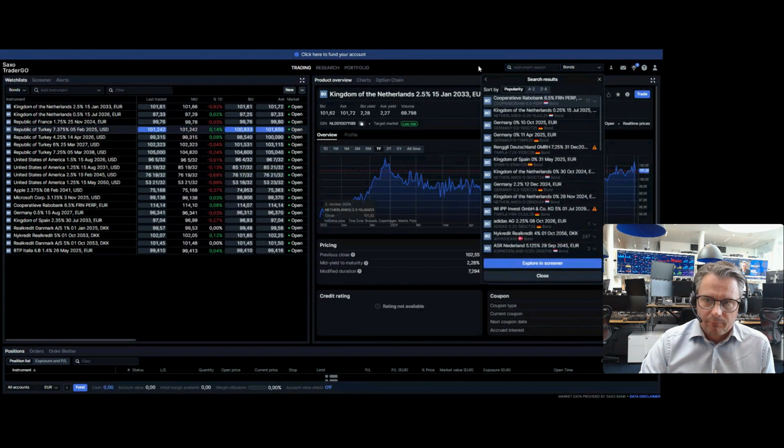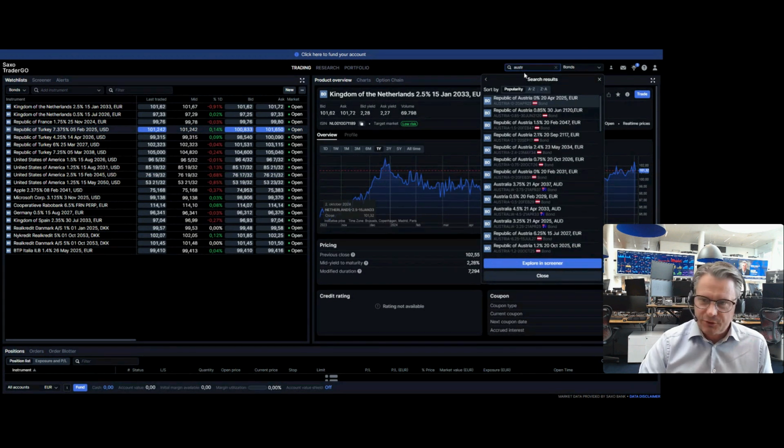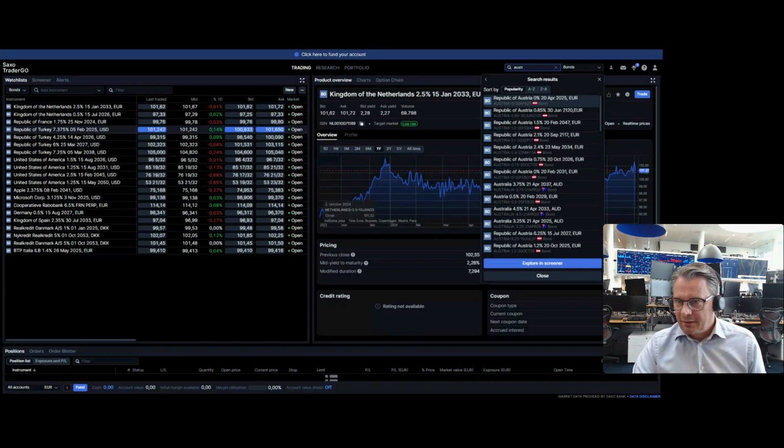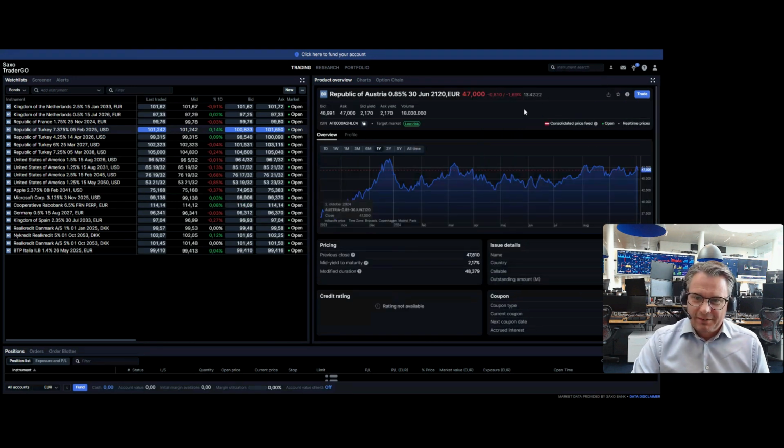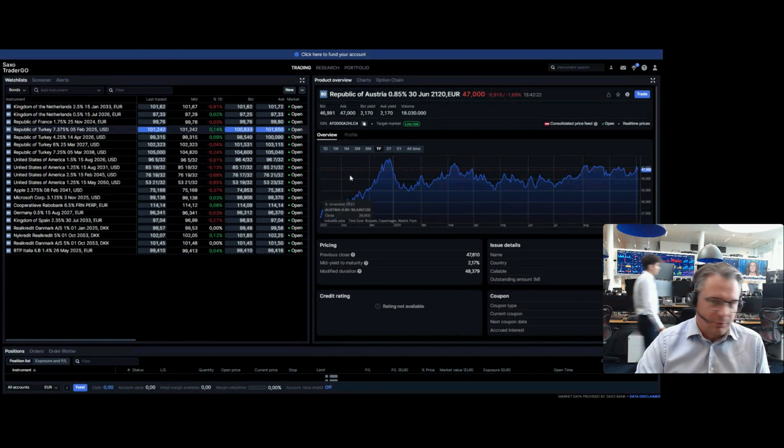So that's one way. There is maybe another example I want to show you, because Althea touched upon the interest rate risks and the risk reward when rates or yields go up and down. One of the best ways to see that is the Austrian government bond that is more than 100 years to maturity.